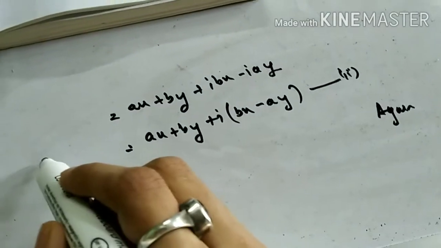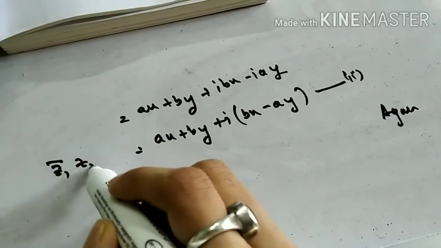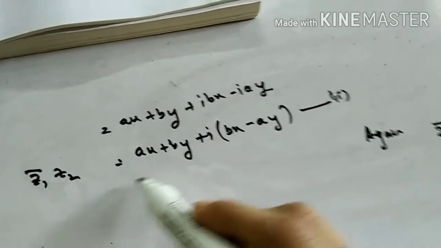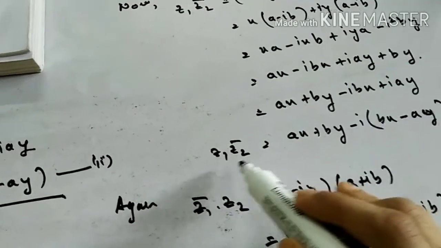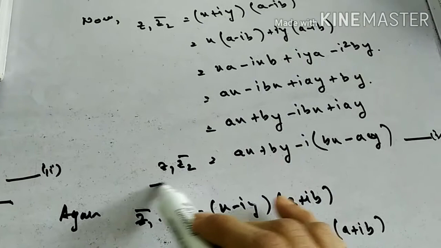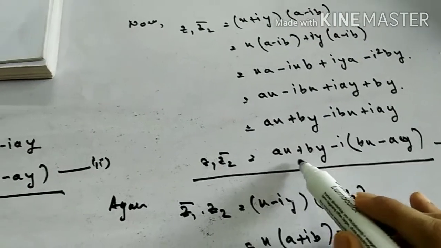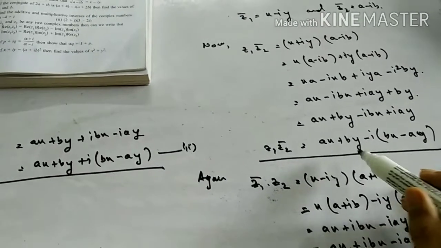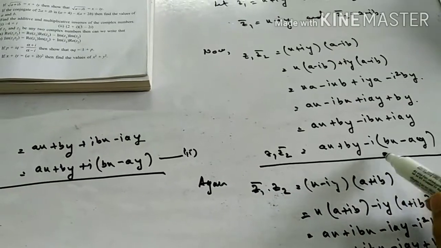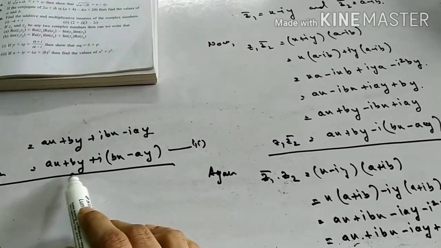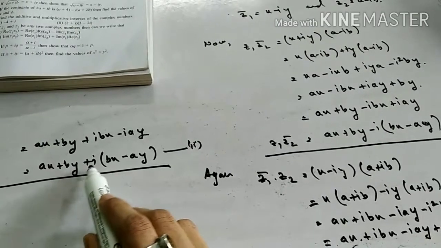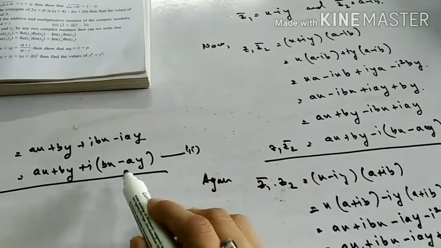So here what I got is z1 bar into z2. And now equation 1, z1 into z2 bar, was ax plus by minus i(bx minus ay), and this is what I got: ax plus by plus i(bx minus ay). This is plus there and this is minus there.